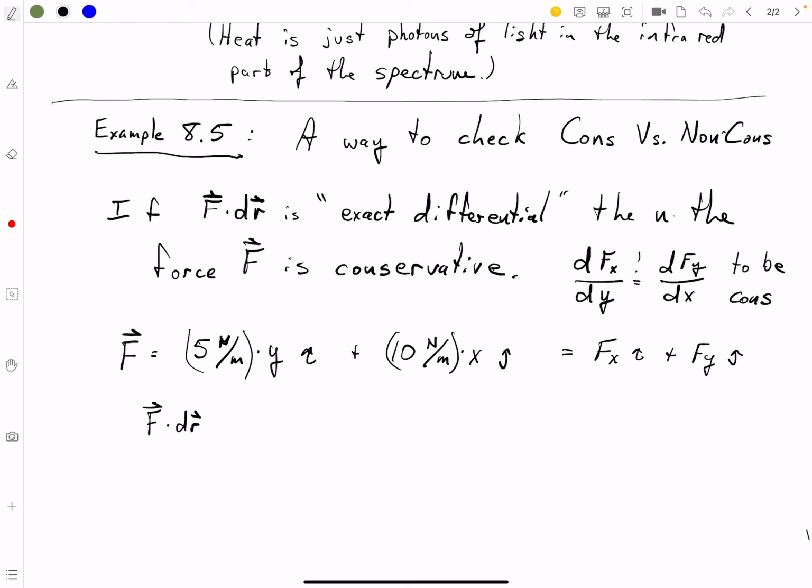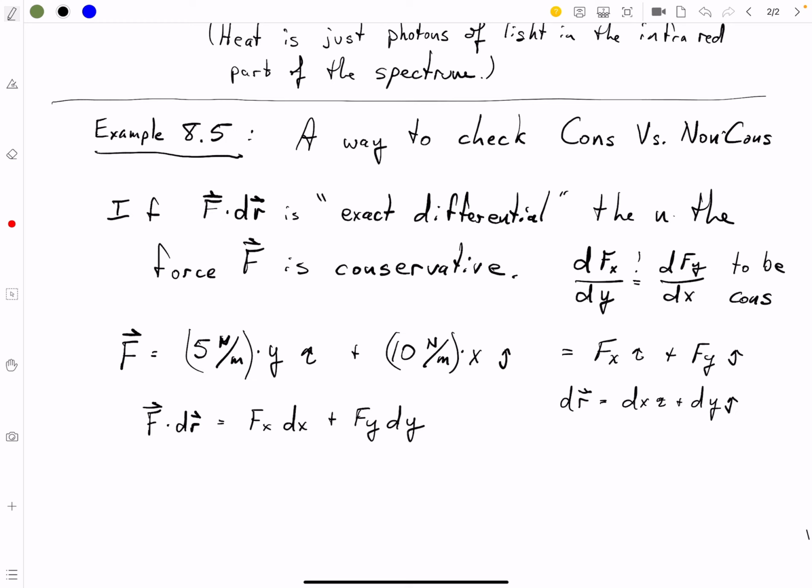Of course, if there was a z, we'd add that too, but there isn't. Okay, what is dr? dr is equal to dx i hat plus dy j hat. And then, of course, if there was a k direction, we'd do the dz in the k hat direction. Okay, so F dot dr then is going to give us F of x dx plus F of y dy.